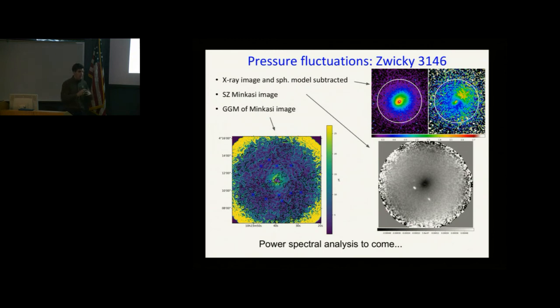It need not be exactly a sphere from 0 to R500. Here's some X-ray images, and here if you subtract out the spherical image, you also see a bit of structure there. So my expectation for pressure fluctuations is we might see a little bit in the core, but at central or moderate radii, I think we'll see very little pressure fluctuations.